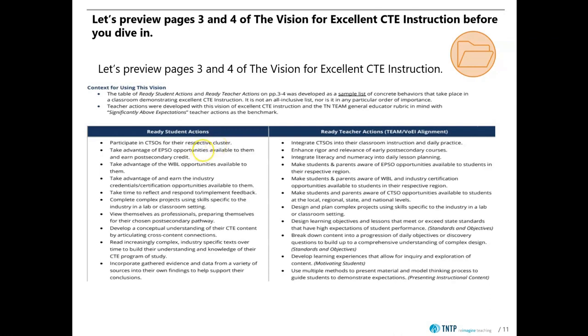These actions reflect both the right side of the graph from before and the left side, where it was focused on intentional programs of study. So you'll see information here about the programmatic aspects, the EPSOs and CTSOs on or within your campus. And you'll see specific information and specific actions that would serve as evidence for excellent, focused, rigorous, and relevant instruction.